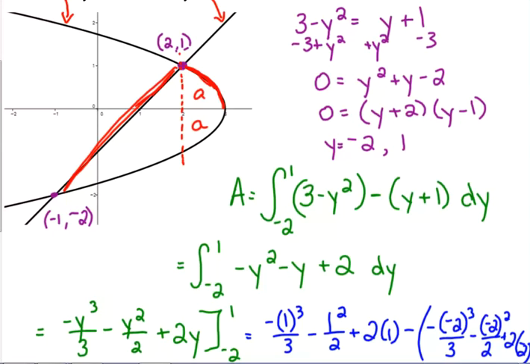So anyways, totally unrelated, but I just wanted to point out the reason why it's easier to deal with this in terms of y instead of in terms of x is because the function that's on top doesn't change for our region that we're talking about.